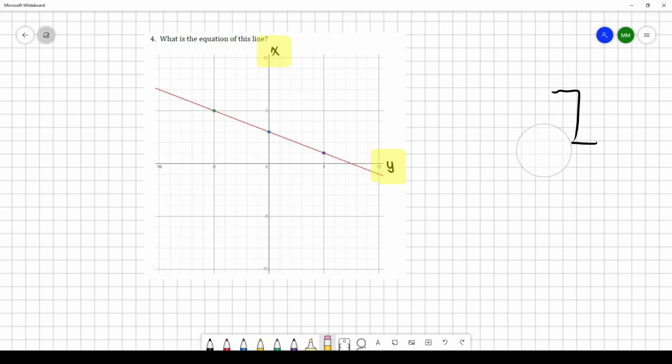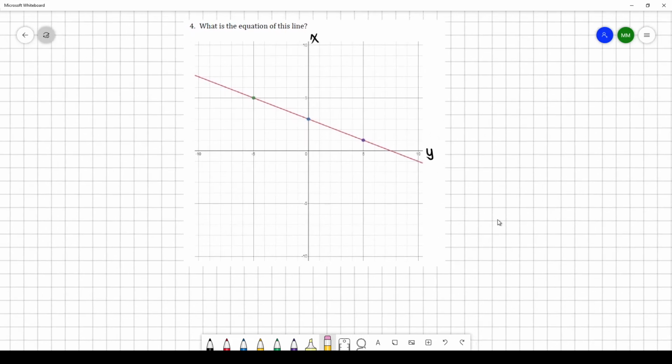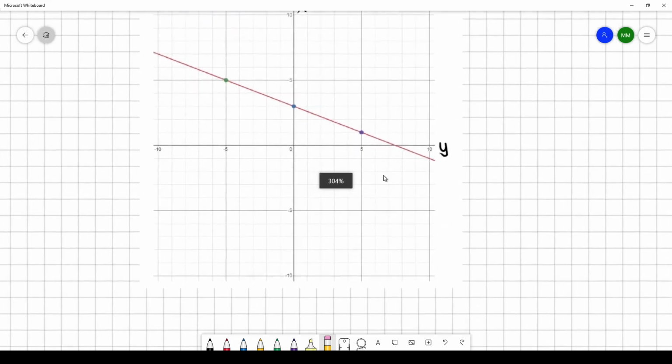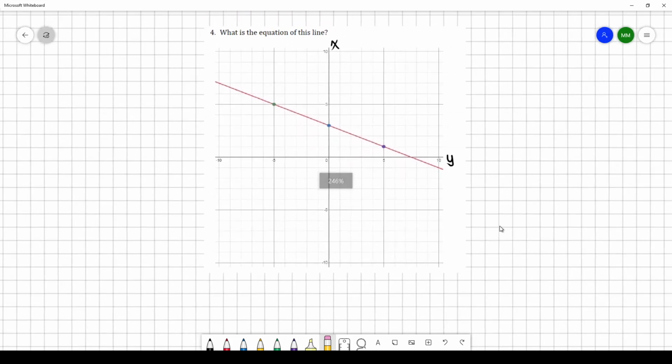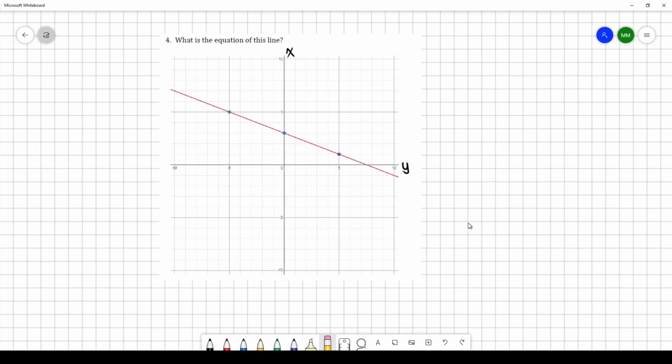So this one you definitely won't see on a school test. This is a contest type question. But it's all about finding the slope and finding the intercept. So here are your choices, right?